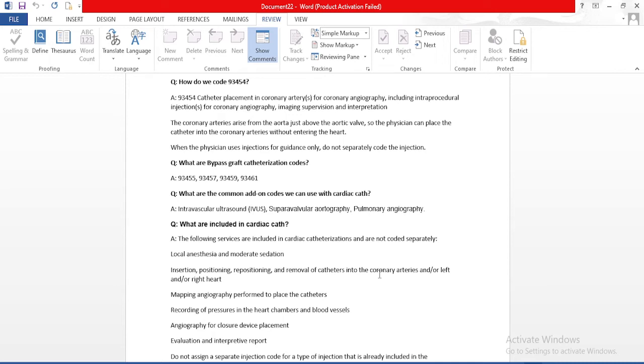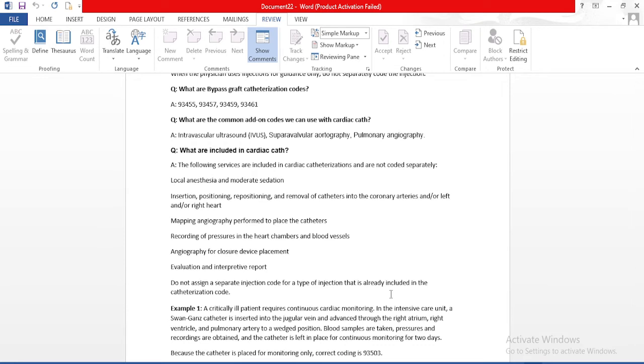The coronary arteries arise from the aorta just above the aortic valve, so the physician can place the catheter into the coronary arteries without entering the heart. In 93454, the physician has no need to go into the heart to check the coronary arteries, as they arise near the aortic valve, where the physician will insert the catheter directly. When the physician uses injections for guidance only, do not separately code the injection.